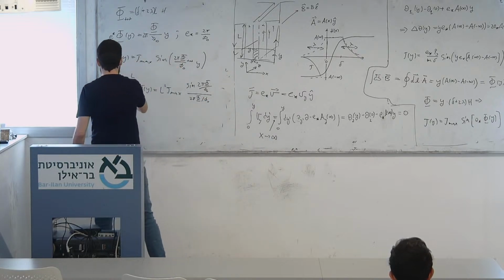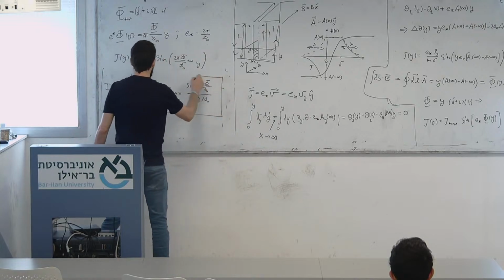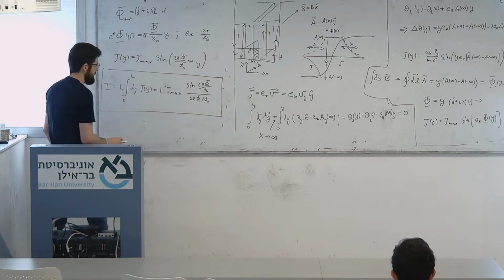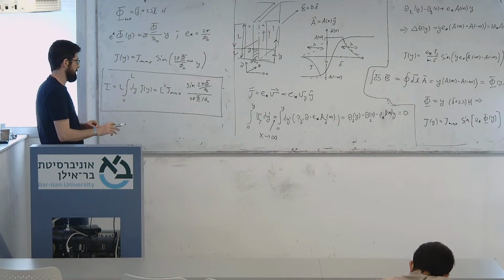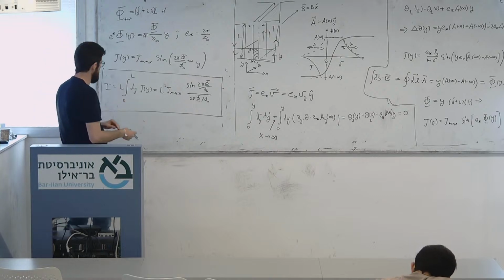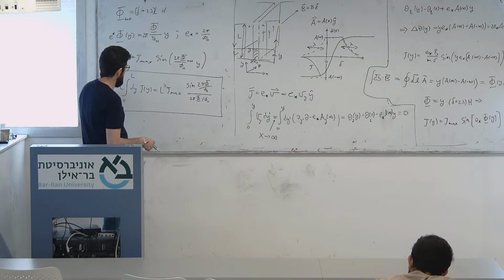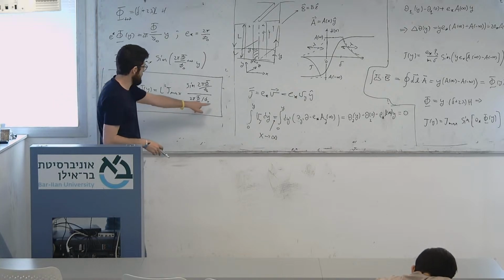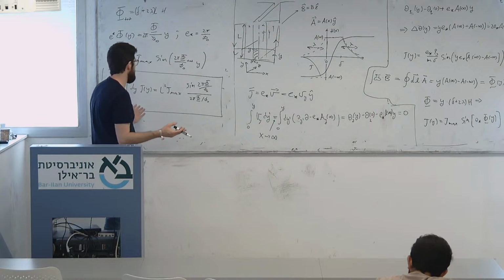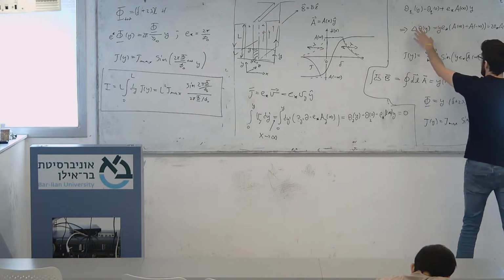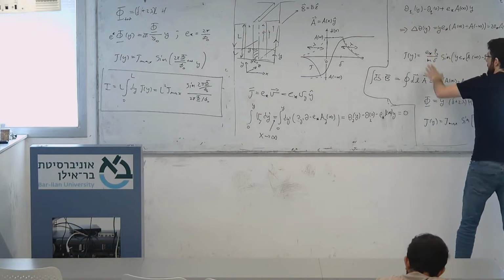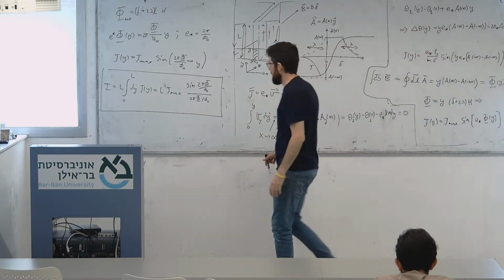Yeah. And this is the current. So what we see is that when you put a flux through a Josephson junction, then, okay, first of all, I assumed here that delta theta is 0.